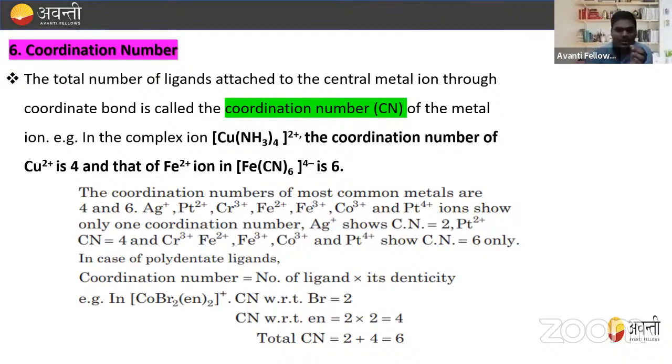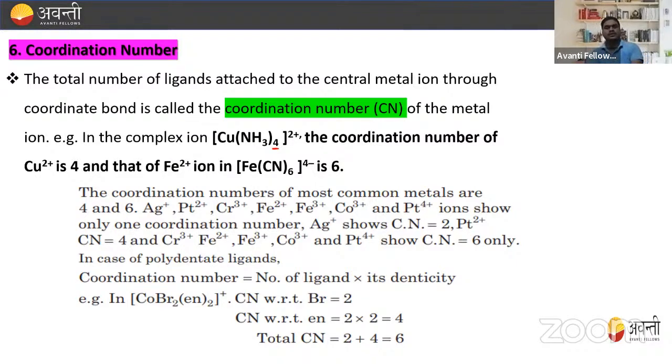For example, in [Cu(NH3)4]2+, the coordination number of copper is 4. Why? Because as we can see, there are 4 ligands around the central atom, right?